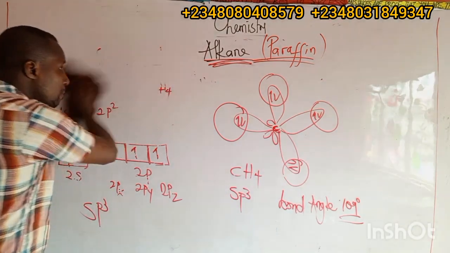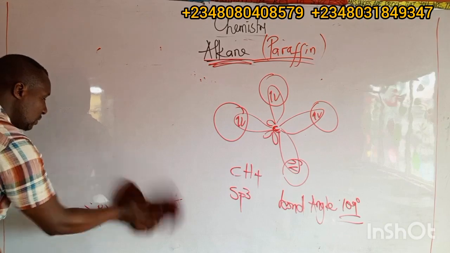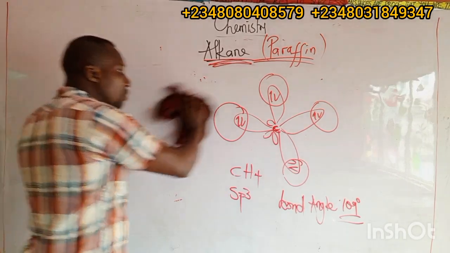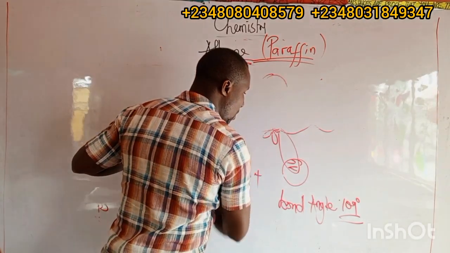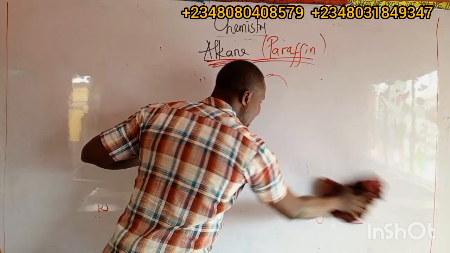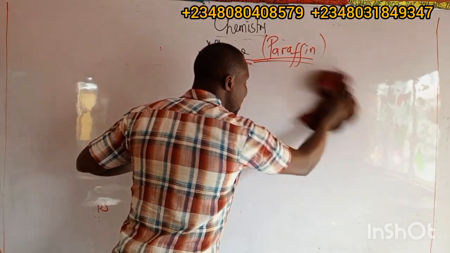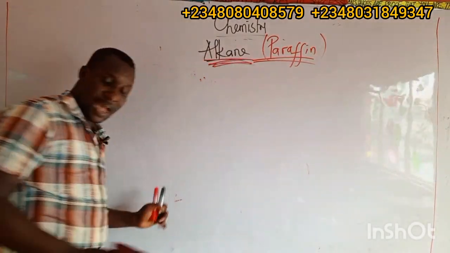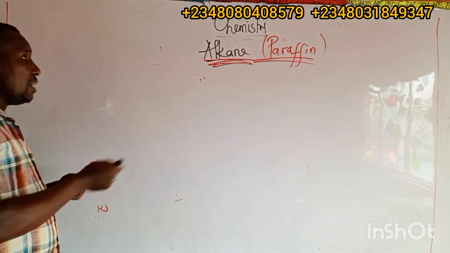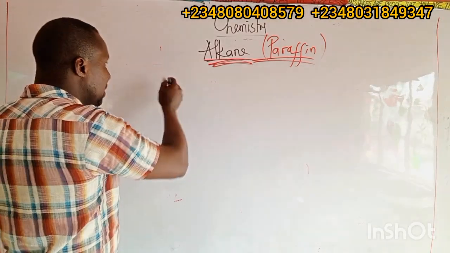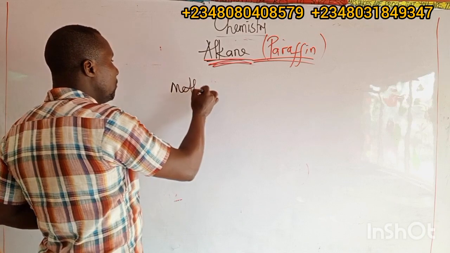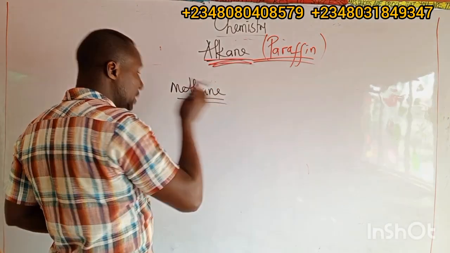I told you, alkane has the general formula CnH2n+2. It has hybridization of sp3. It has a bond angle of 109 degrees. And I told you that the first member is known as methane.